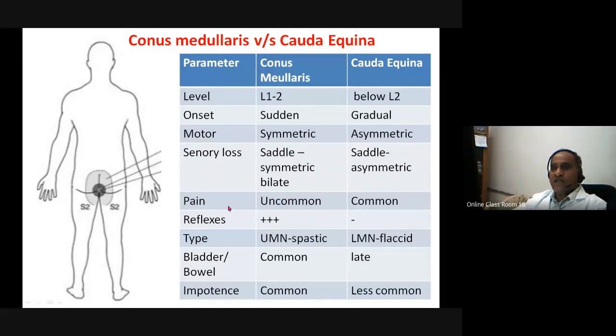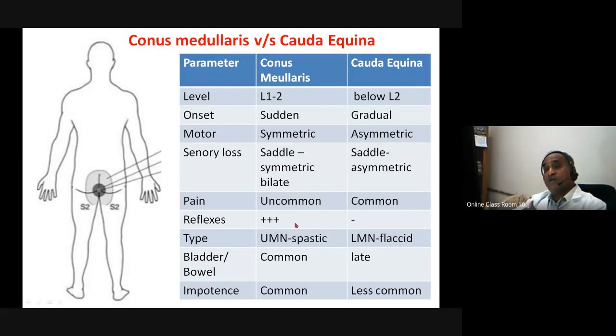Then pain is not common here. It is very common in the other because the roots are involved. The pain is very common. The reflexes are exaggerated because it produces a sort of upper motor neuron spastic type of paralysis or paresis. So the deep tendon reflexes are exaggerated.